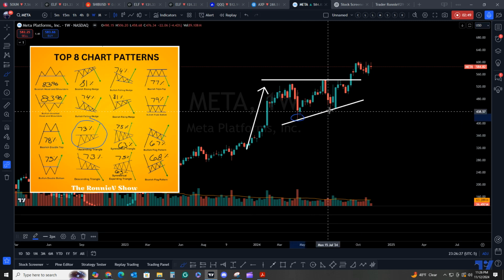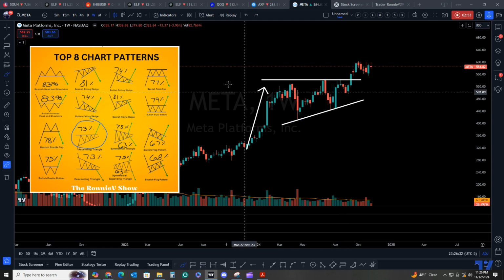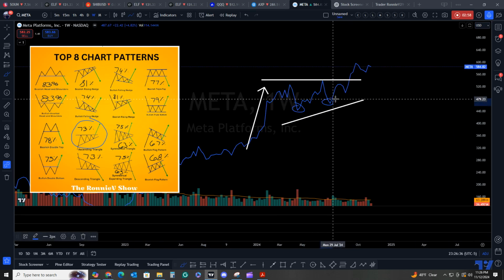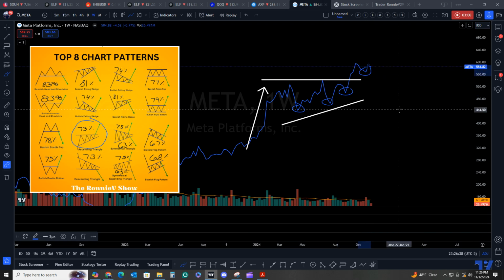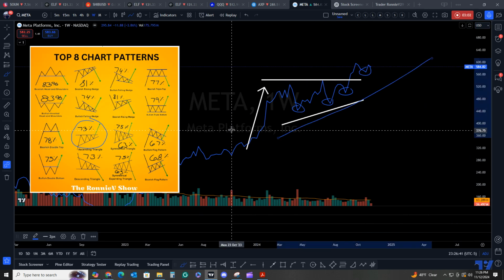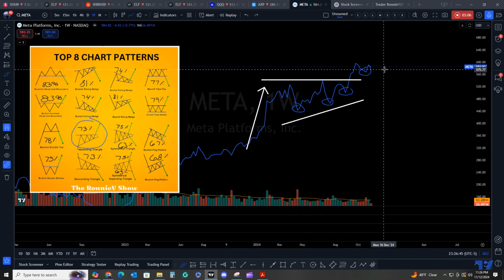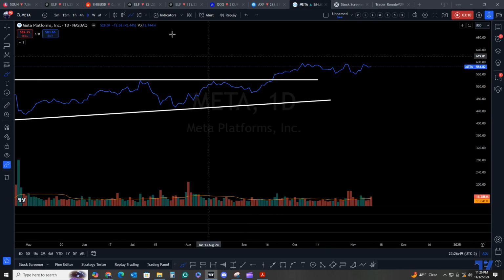You have a low here, and then you have a higher low made. If we pull it up on a line chart, it's bullish. It means that you are in an upward channel, an upward trajectory, because you keep on making higher lows. So that's what I mean when I'm saying that.